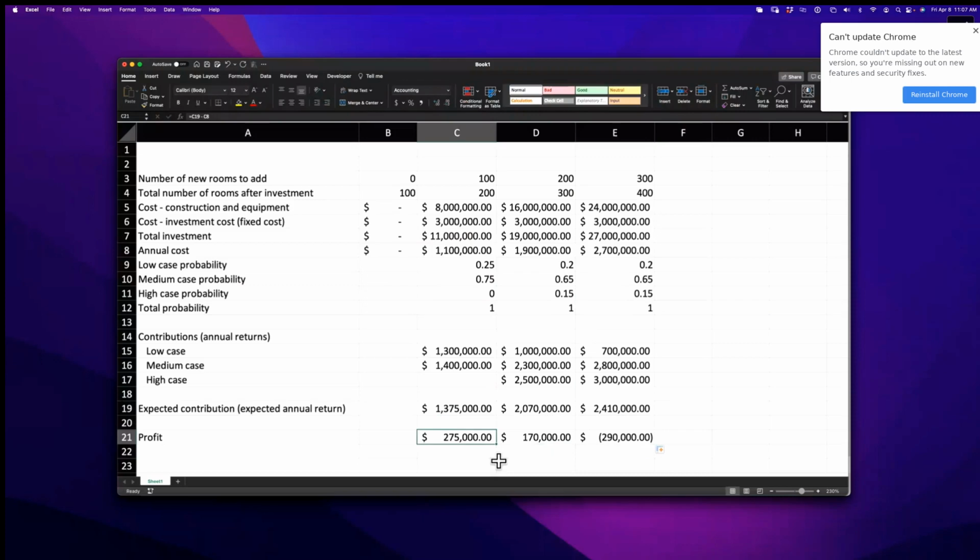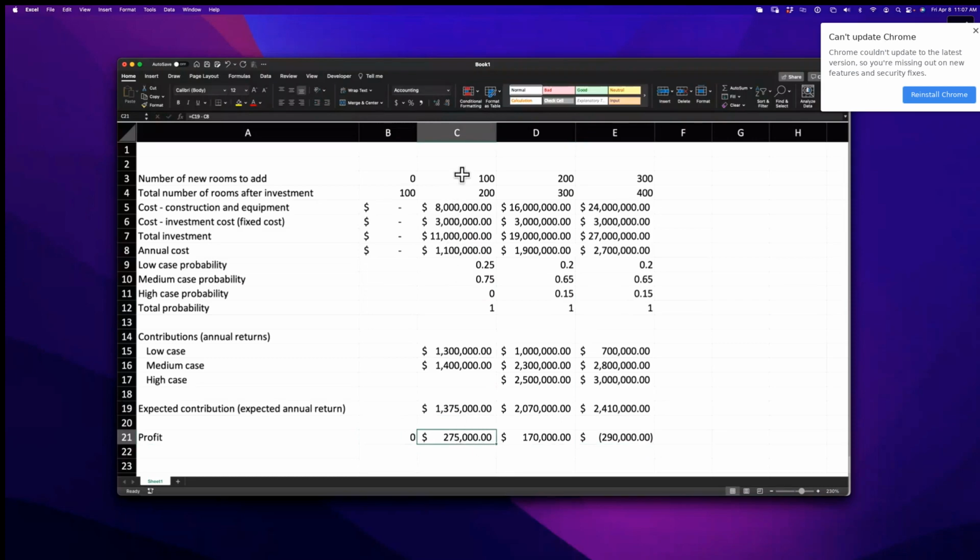So I would say that profit is going to be our key goal here to maximize. So this option is the best option here, and here we have 0, which is actually better than negative. So okay, this is our best option here.